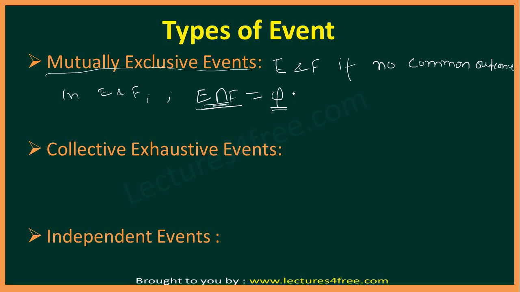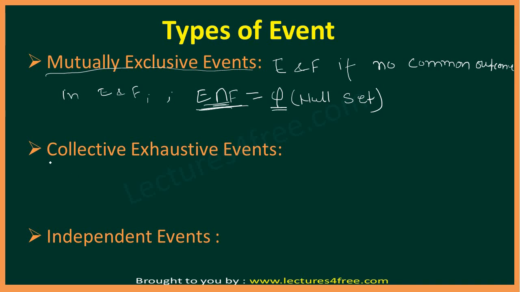Here phi represents the null set. It means E intersection F is equal to nothing, the null set. So mutually exclusive means there is no common outcome in E and F.